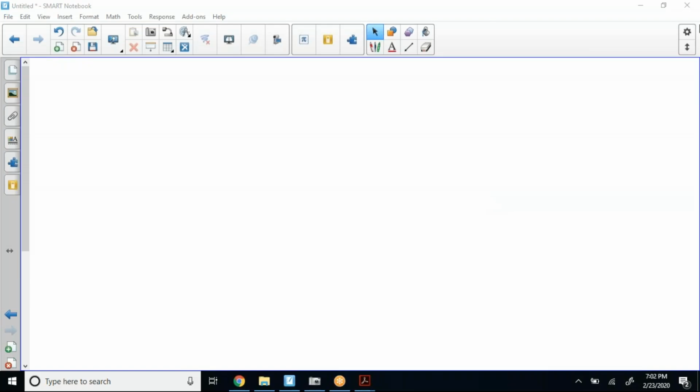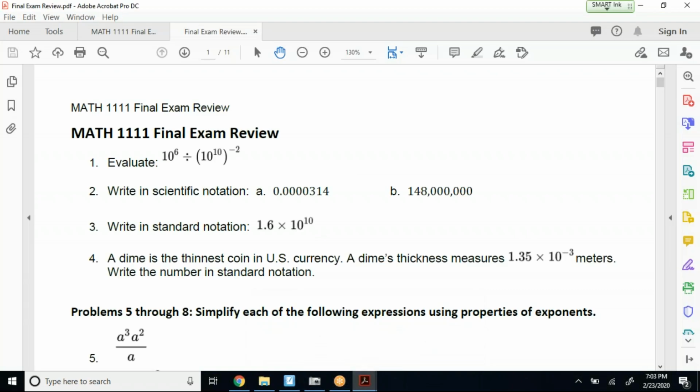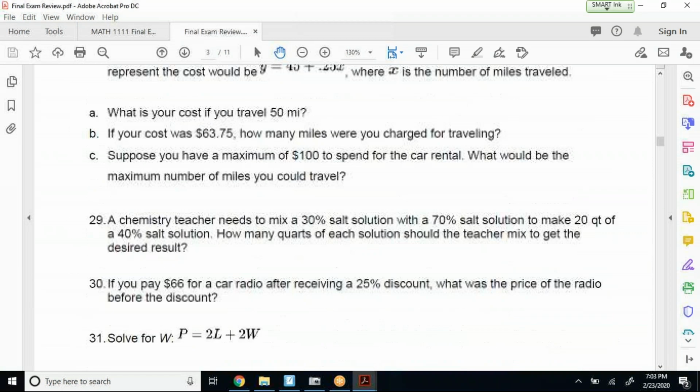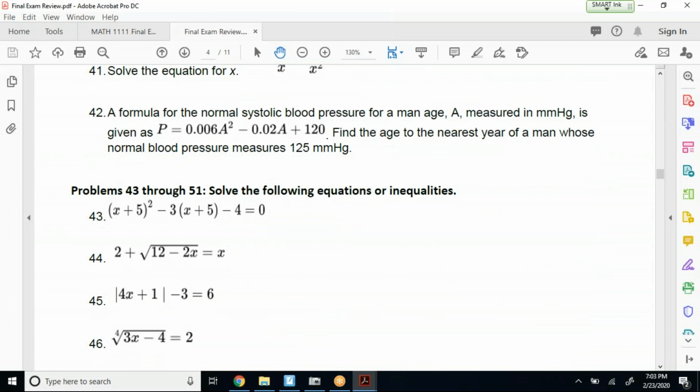And 43. Okay. 44 and 43. So let's look at that.